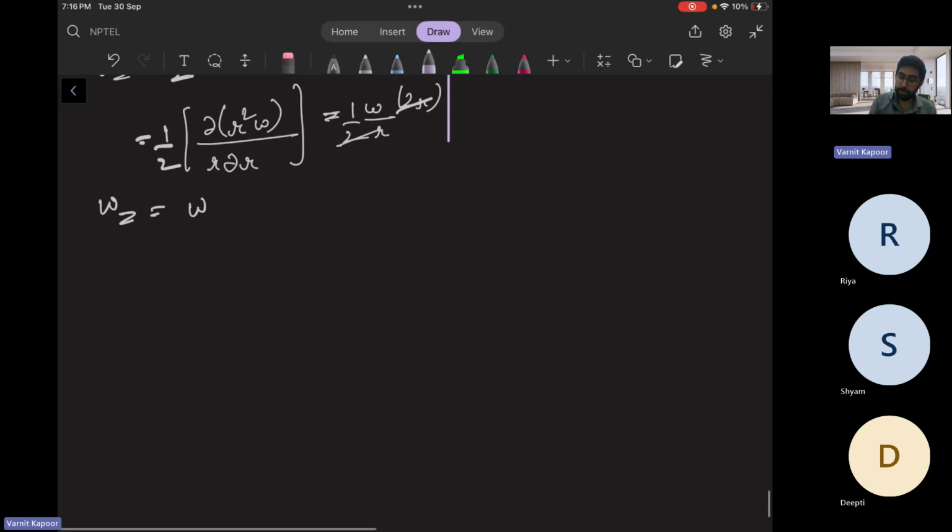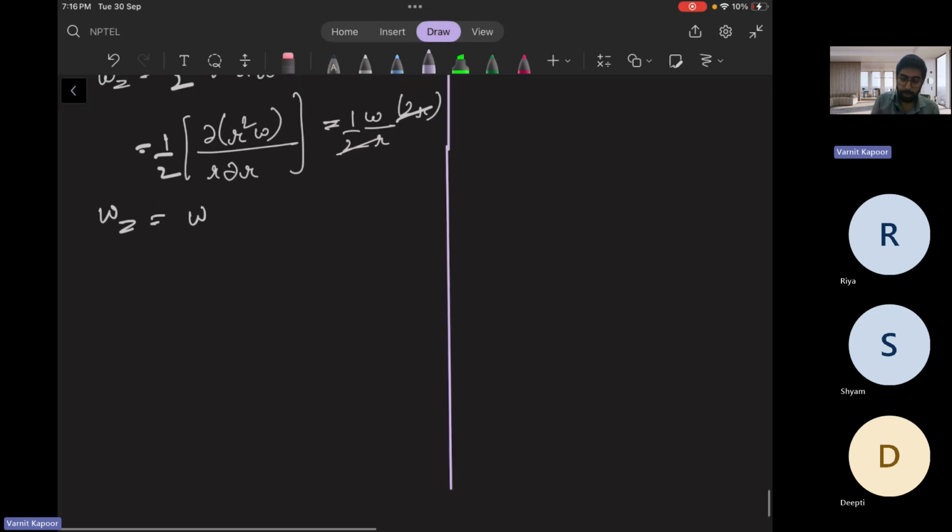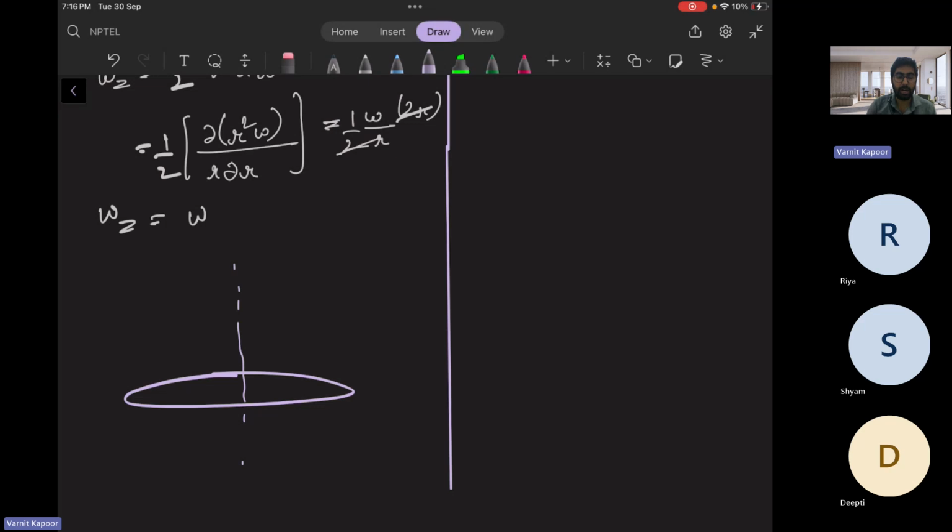And the point to note here is that V theta is r omega. So as the radius increases, my velocity increases proportionally in the radial direction.